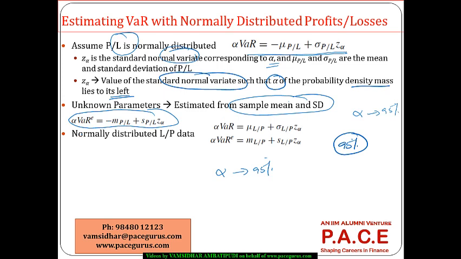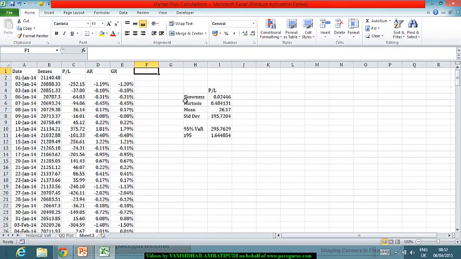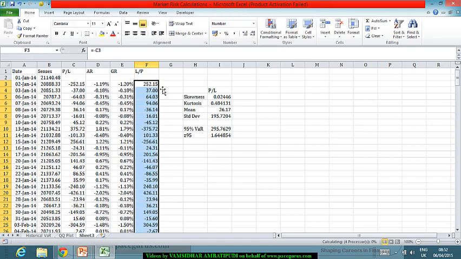So the estimated 95% VaR comes out as minus mean plus standard deviation times Z alpha. But similarly, if I am dealing with LP data instead of PL data, the LP data is nothing but the negative of the profit data.